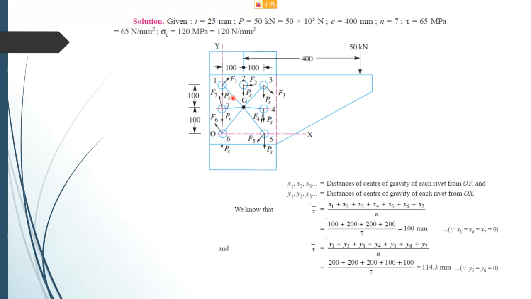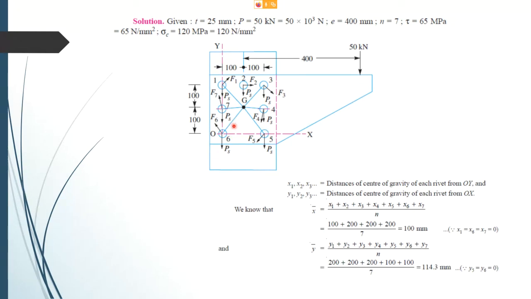All these forces, the primary shear forces, will be acting vertically downwards like this. You can name them as PS because they are all the same: P1, P2, P3, P4, P5, P6, and P7.